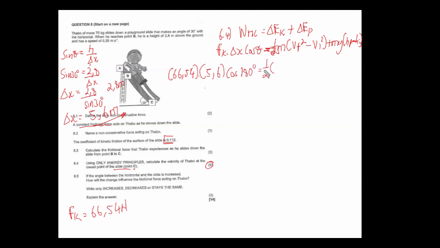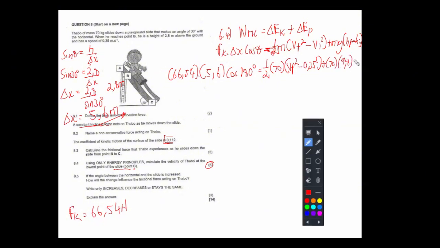So half mass is 70, and then final velocity, that's what we are looking for, right? But the initial velocity is 0.35. And then we have our mass is 79.8. And then our height finally, at the point when it reaches point C, height will be 0. But at the point where it is above there, the height is 2.8, right?